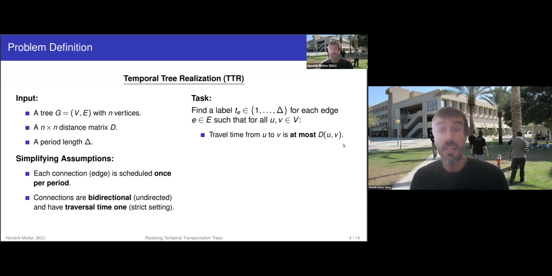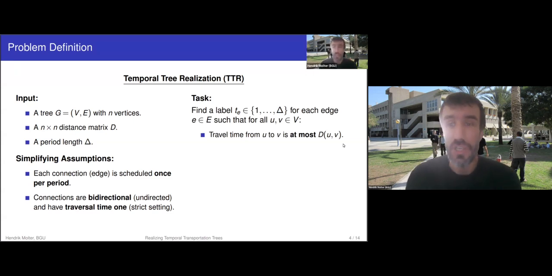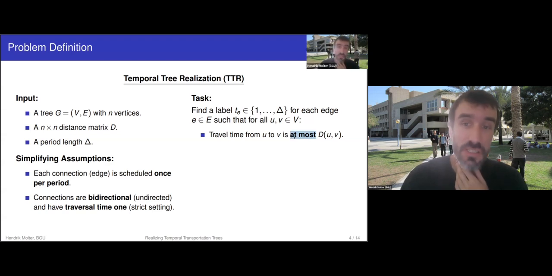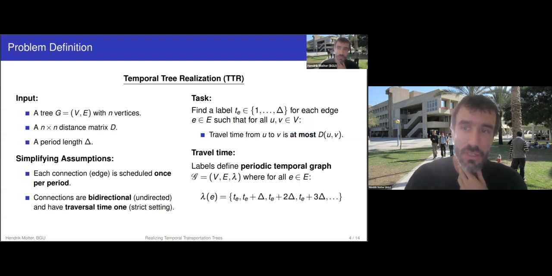And our task is to find a label for each edge such that afterwards the travel times for each pair of vertices U and V are at most what the matrix prescribes. And this is the crucial difference to previous work, where often that was required to be the exact travel time. And here we treat it as an upper bound.